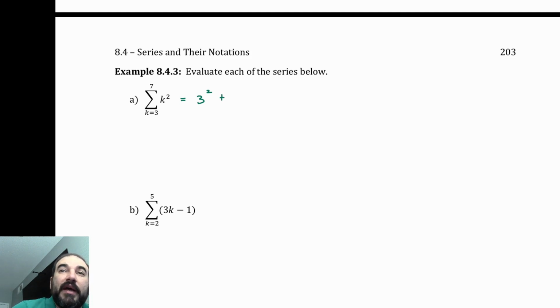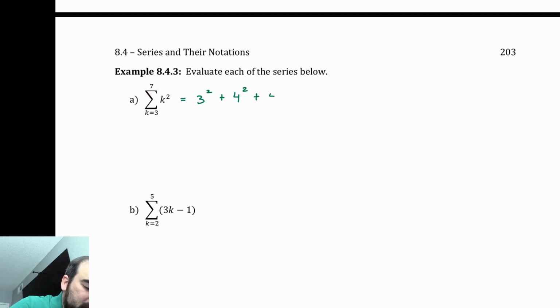Plus, and then we index by 1 and plug in the next number into the explicit formula. After 3 comes 4, so we plug in 4 into the explicit formula, so 4 squared. And so on until we've plugged in 7, right? 7 is our stopping point.